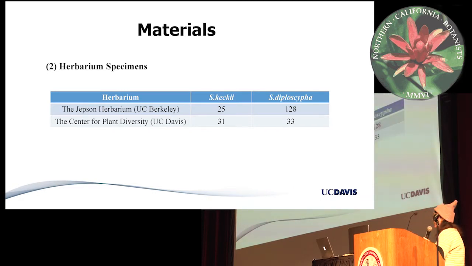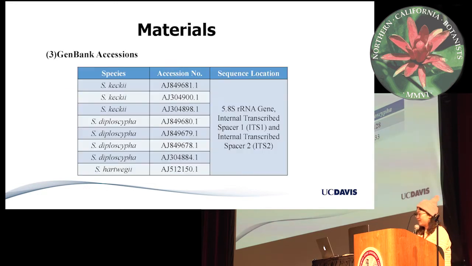We also tried to check as many herbarium specimens as we could at both the UC Berkeley Herbarium and the UC Davis Plant Diversity Center. For molecular analysis, we also downloaded 8 sequences from GenBank.